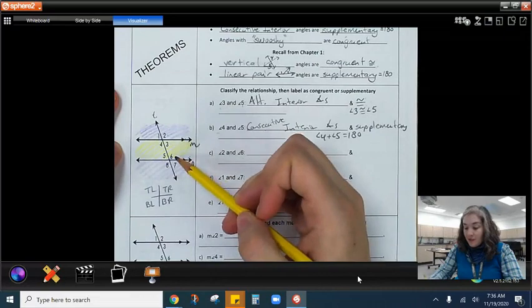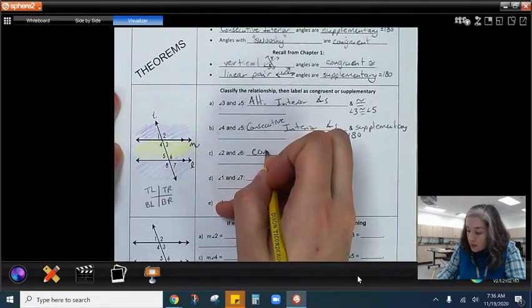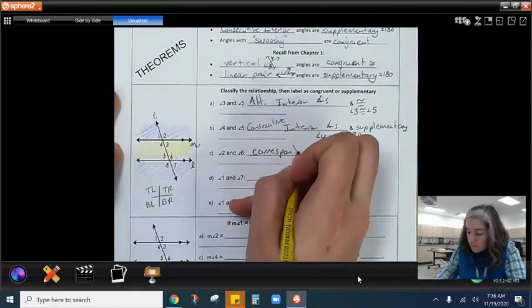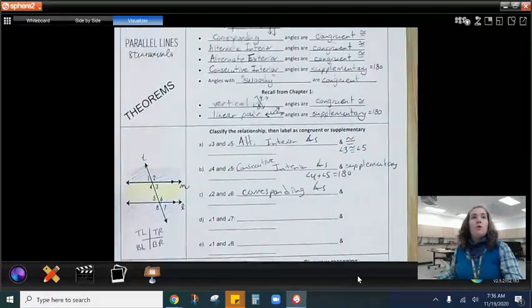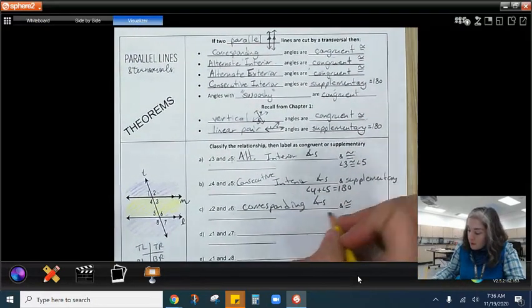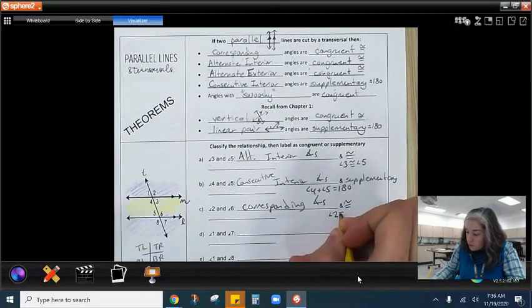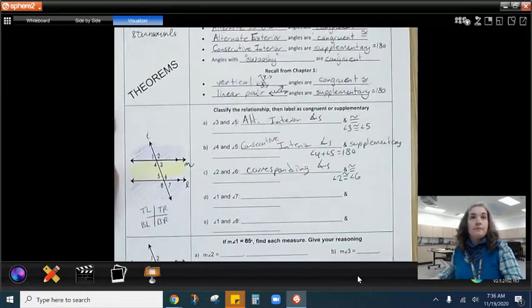Angle 2 is in the top right, angle 6 is in the top right. So these are corresponding angles. Corresponding angles are congruent, so angle 2 is congruent to angle 6.